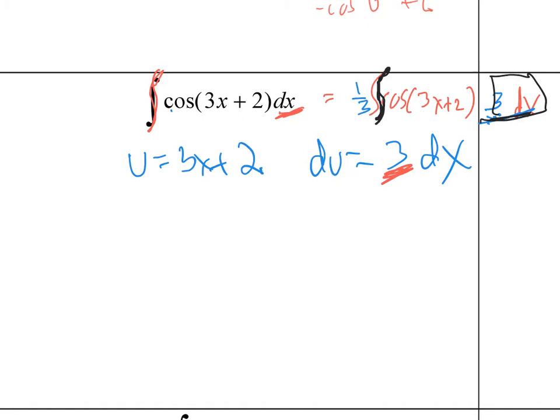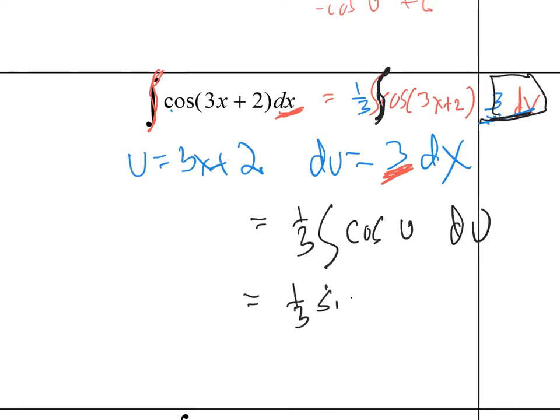So what I'm really looking at is a 1/3 integrate cosine of u du. If that's really what I'm looking at, then the answer is 1/3 integral of cosine is sine of u plus c.